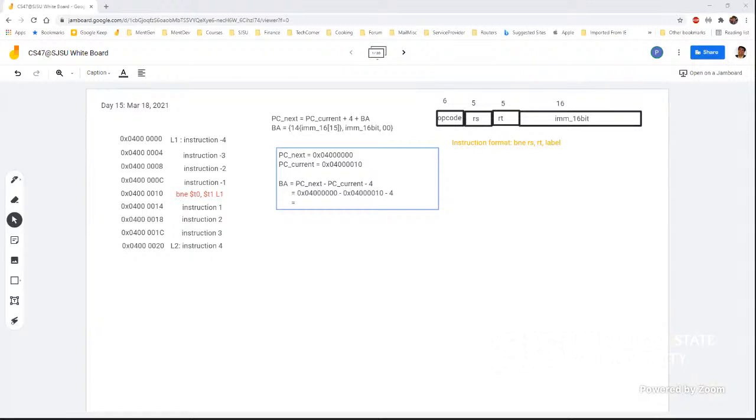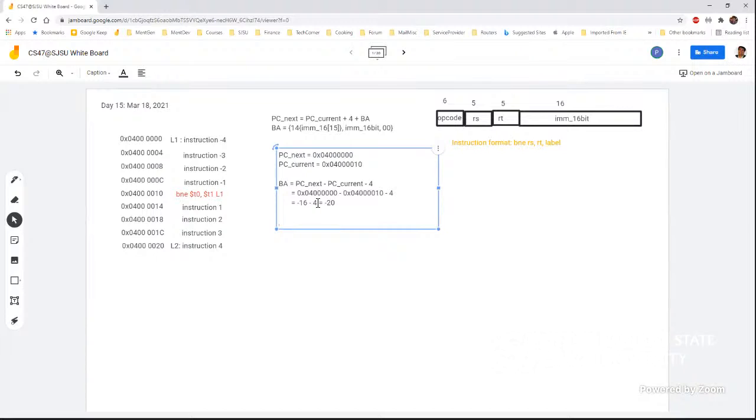So let's do it: 0x04000000 minus 0x04000010, which is, in decimal, minus 16, minus 4, which is minus 20. Okay, minus 20.